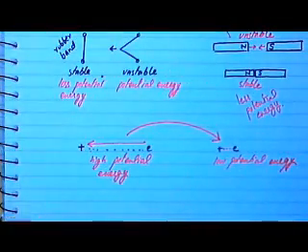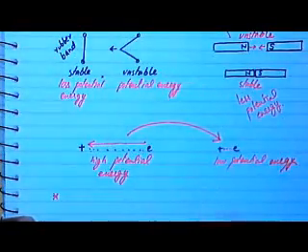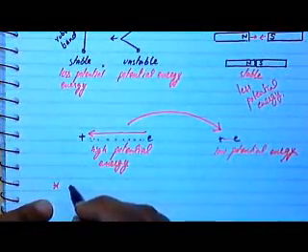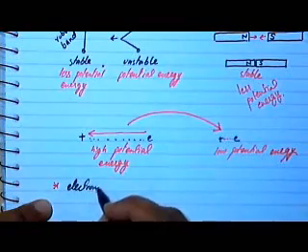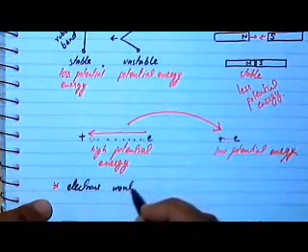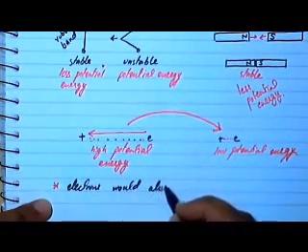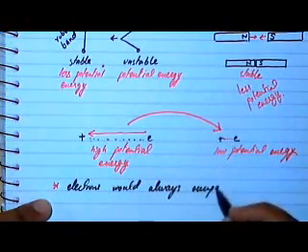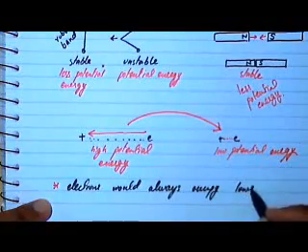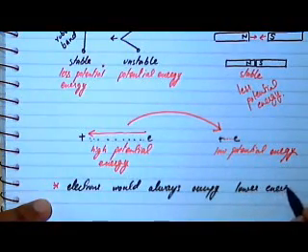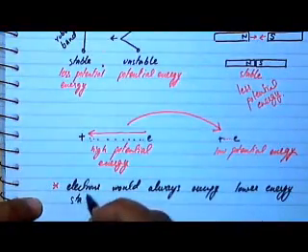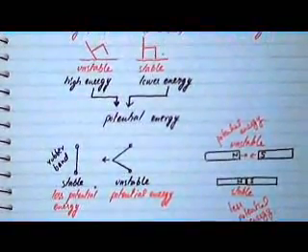So let's restate the concept. Electrons will always occupy lower energy states. So let's go through all the examples.